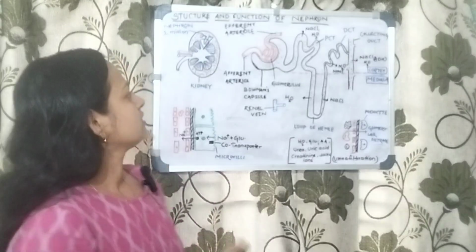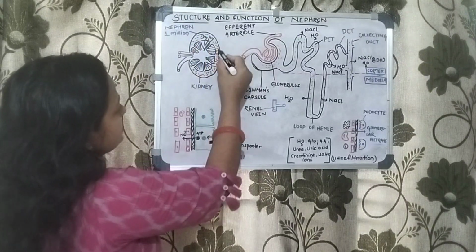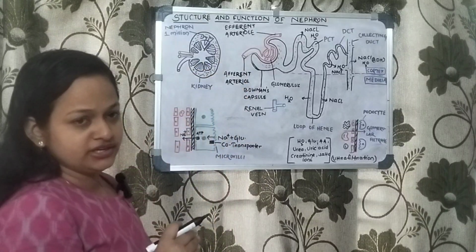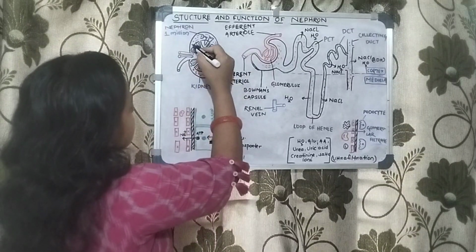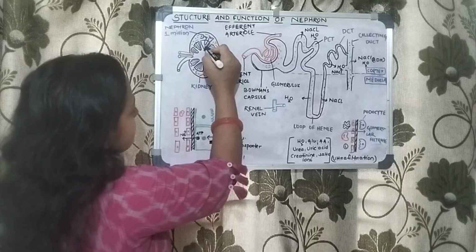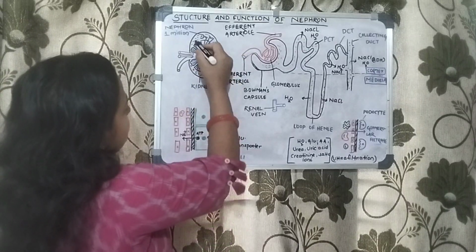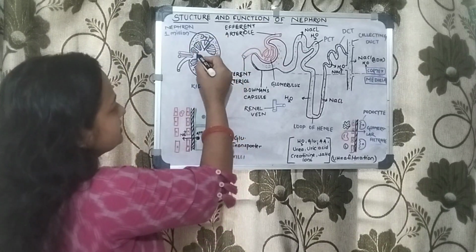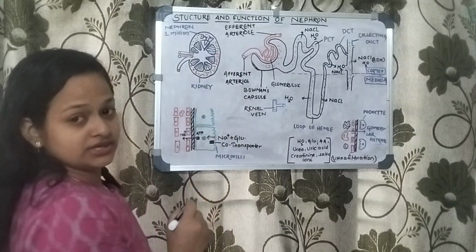So you can see this is the internal structure of the kidney, and these are the medullary pyramids, and this is the cortical part, and this is the medulla part.